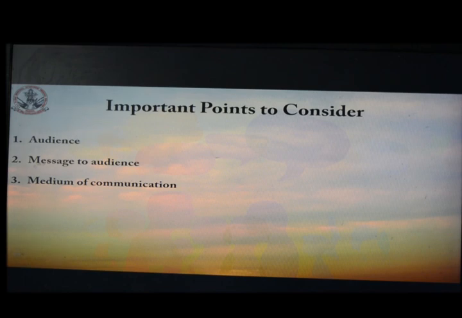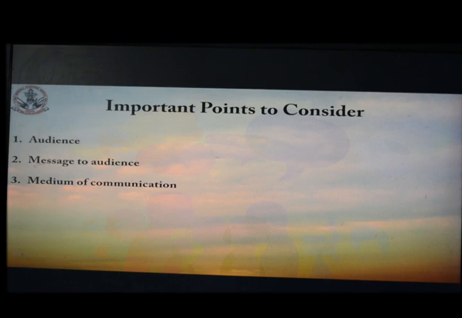First is audience. The audience may be scientists or experts of the field, other researchers or scholars who are learning research, policymakers, journalists, academicians, the lay public, civil society organizations, NGOs, etc. So we have to think about those audiences or readers, how they will respond, and whether they are able to understand your communication or not.